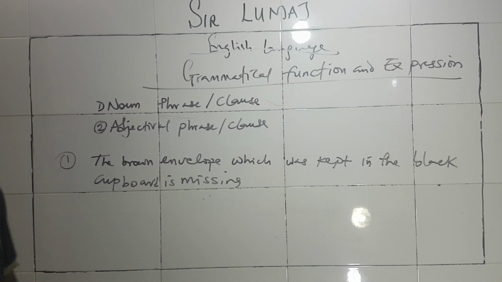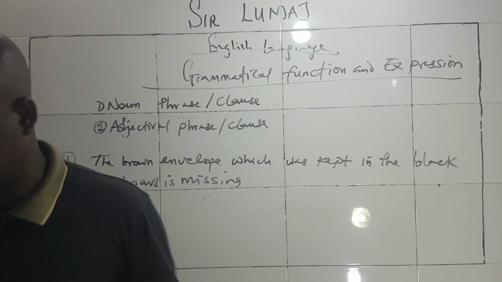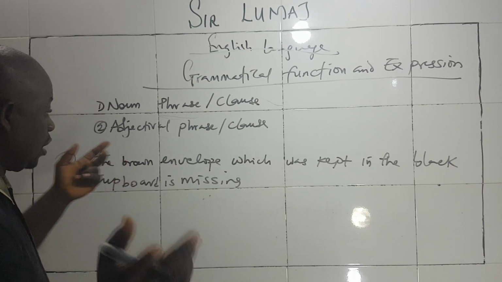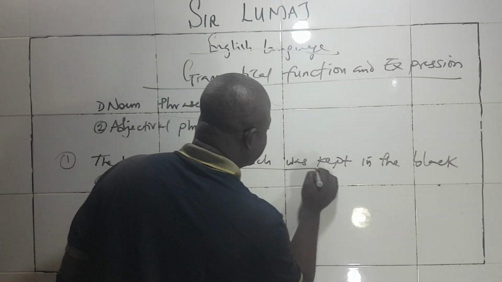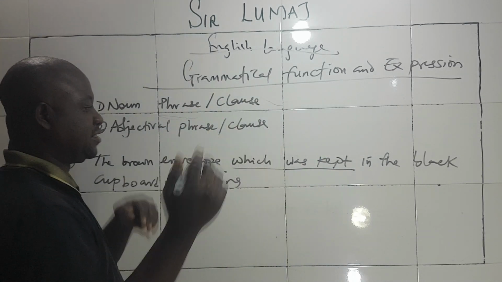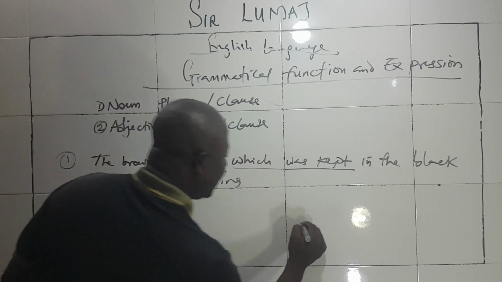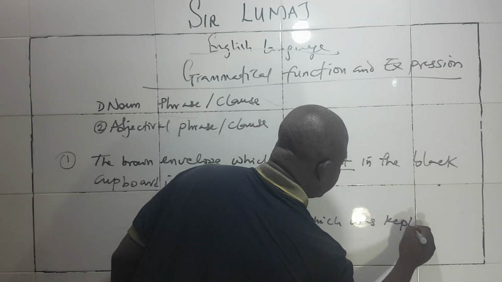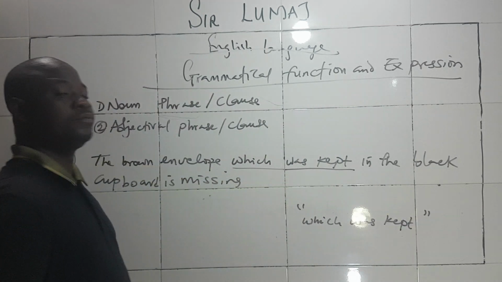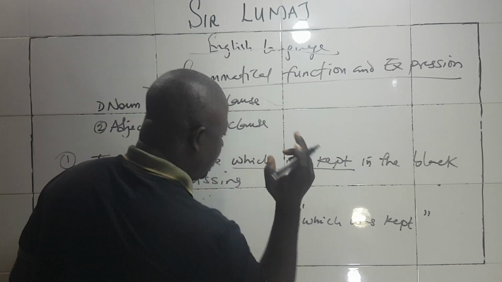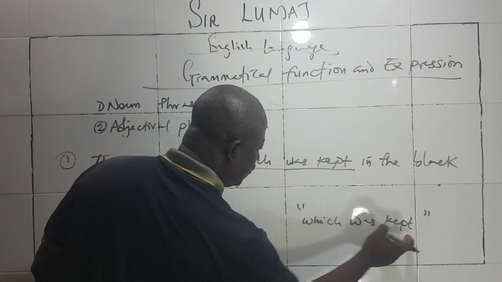So in this one now, I will ask, what is the grammatical expression? Okay, let me just underline it. Which was kept. They will now lift this out in the question and put it like this: which was kept, quote and unquote.